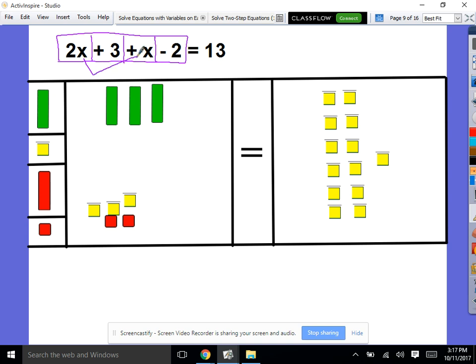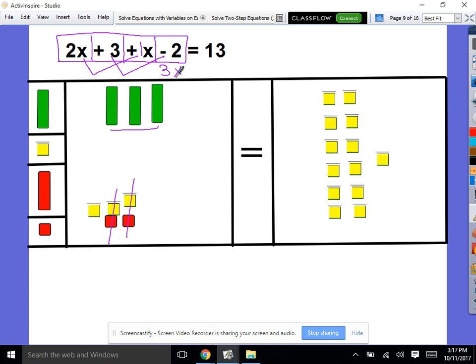When we put our 2x plus, and if you don't see a number, that's actually 1x because you see 1x there. 2x plus 1x, that's where we get our 3x. And when you do 3 minus 2, that leaves us with 3x. 2x plus 1x is 3x.